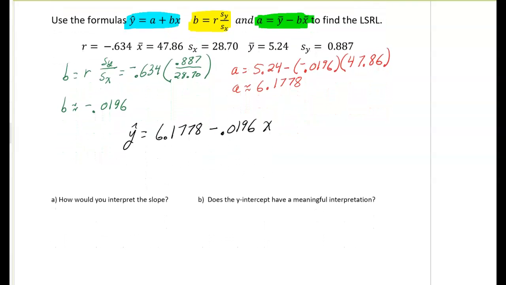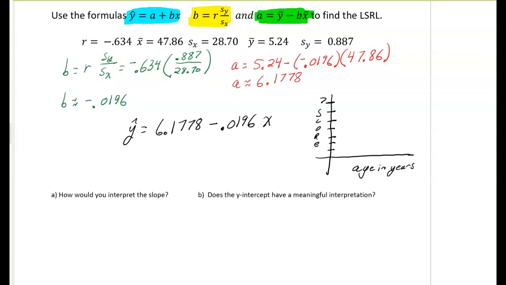So that's using the formulas to find the least squares regression line. The second part of the problem is to interpret the slope, and ask whether the y-intercept has a meaningful interpretation. This problem came from the book, and on page 182 you will see a scatter plot where the explanatory variable is the age in years and the response variable is the score, from 1 to 7, and remember, a score of 5 or less means deficient.